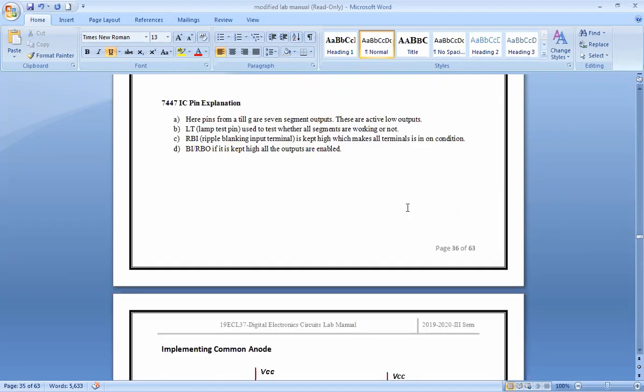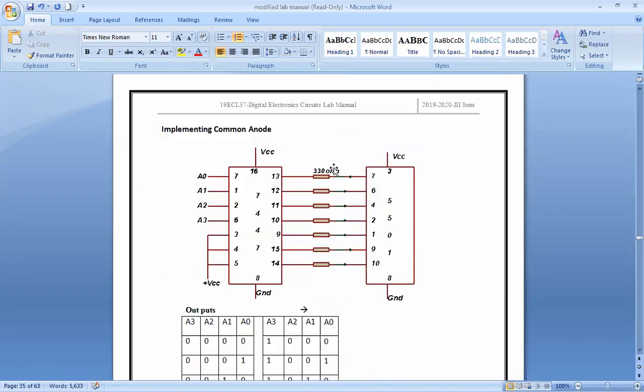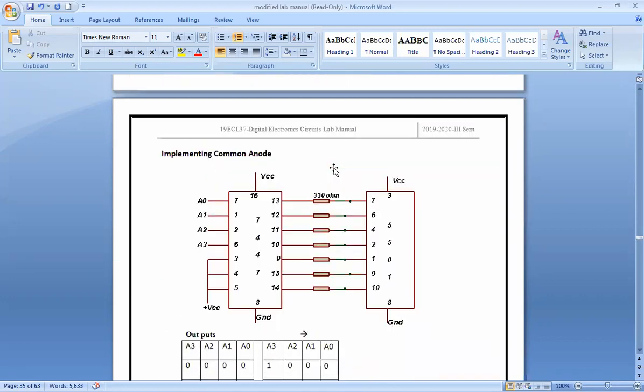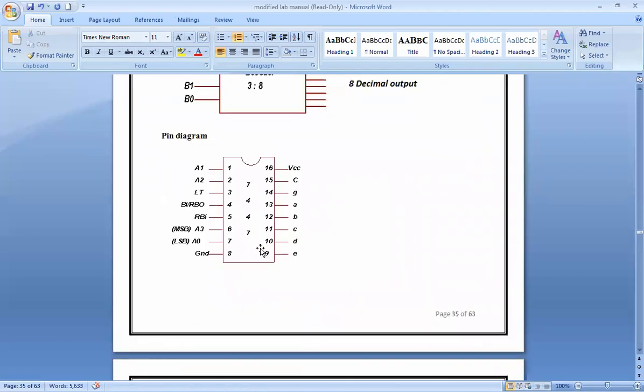Next, now we will be looking at the IC 7447. Now this is used for the implementation of your display. So here you can see that you have your inputs A0, A1, A2, A3.